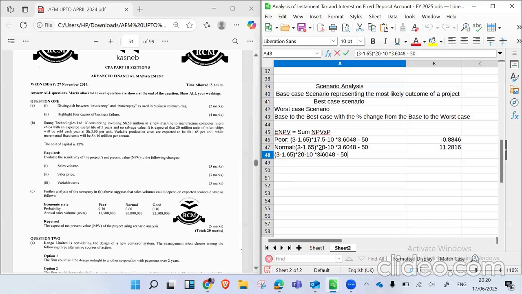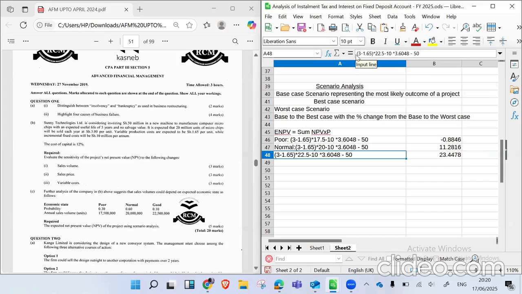So times 22.5. So this is 22.5. So we have those three NPVs.